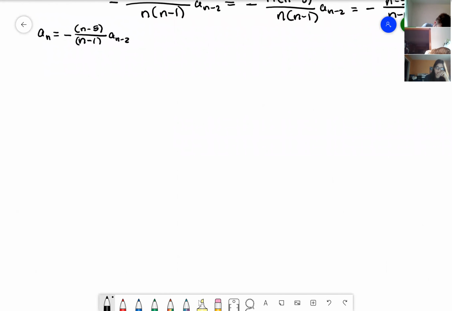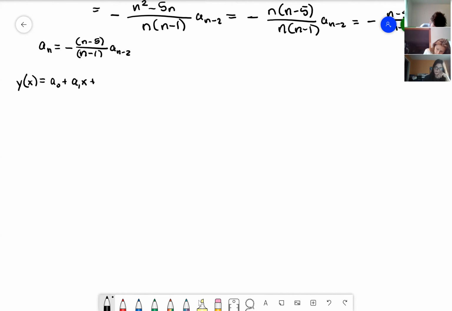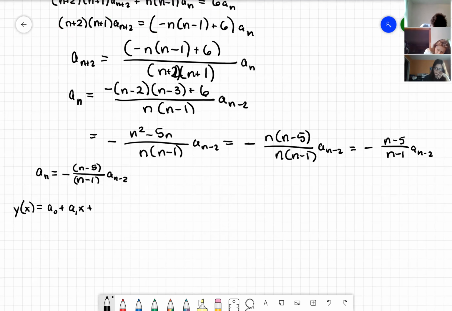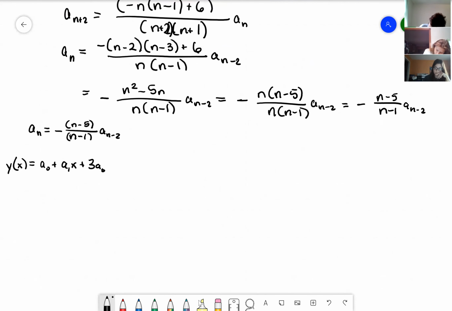And now let's start writing out our solution. y of x equals A0 plus A1x plus, we already had A2 and A3, so that was 3A0. So let's just write out A2 is 3A0, A3 is A1.